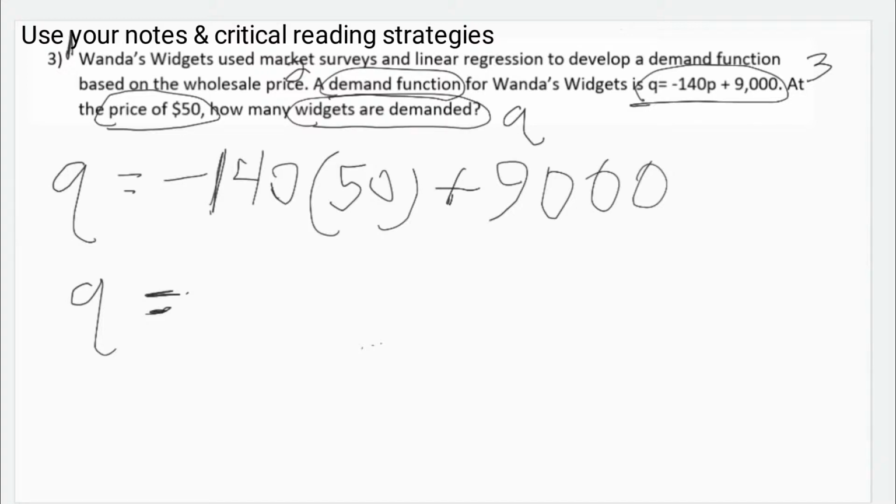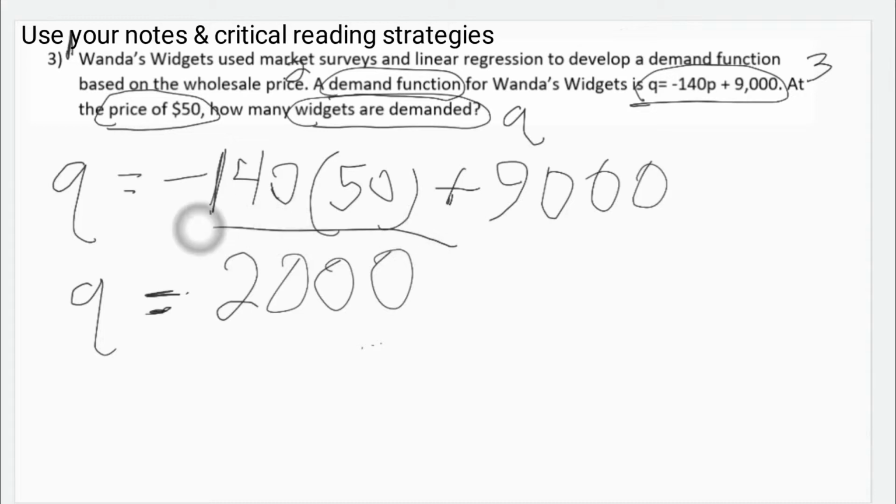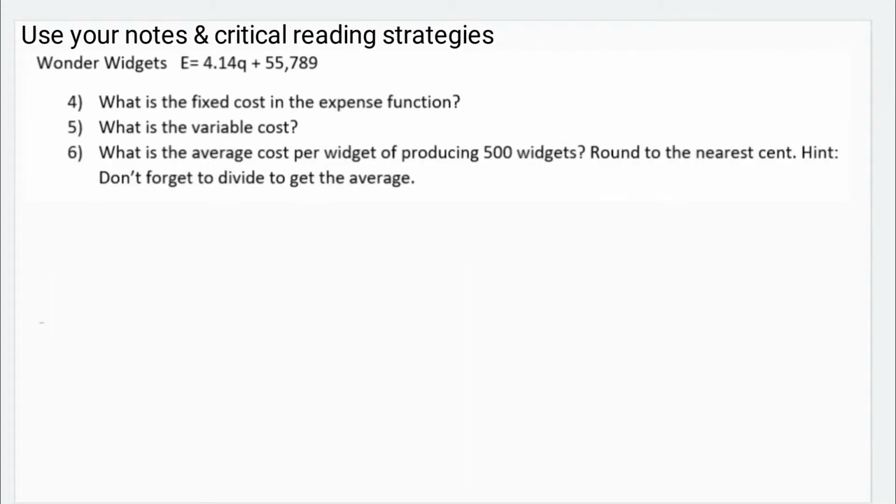Make sure you keep track of that negative sign. So we get 2,000. So 2,000 widgets are demanded when the price is $50.